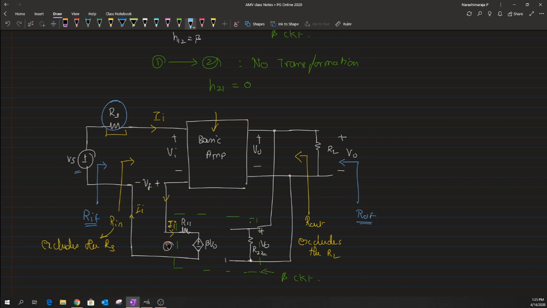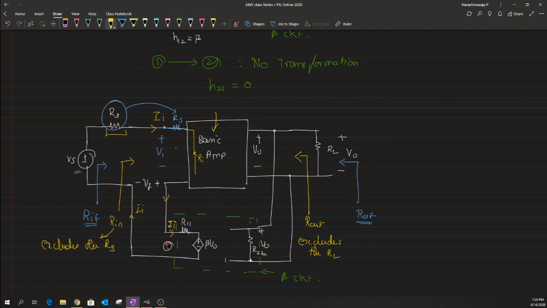So I'm just going to shift this and ensure that this Rs appears along the path of my basic amplifier. Now whatever I'm reading here as Vi is the quantity that I'm measuring after this node Rs, clear. We also know that if this basic amplifier is non-ideal, it will have a resistance Ri associated with it.